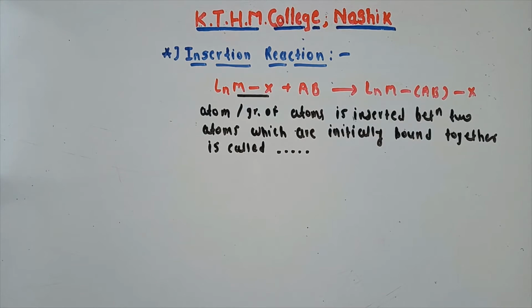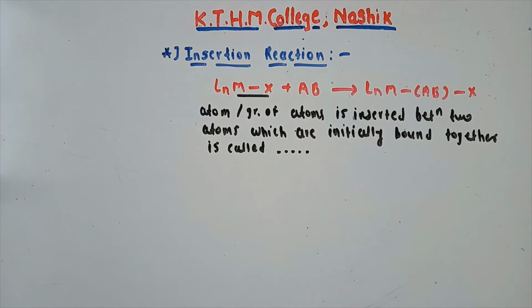Have you understood now what is insertion reaction? I again repeat, this is the most important step for many catalytic reactions. It is a chemical reaction in which an atom or group of atoms is inserted between two atoms which are initially bound together.